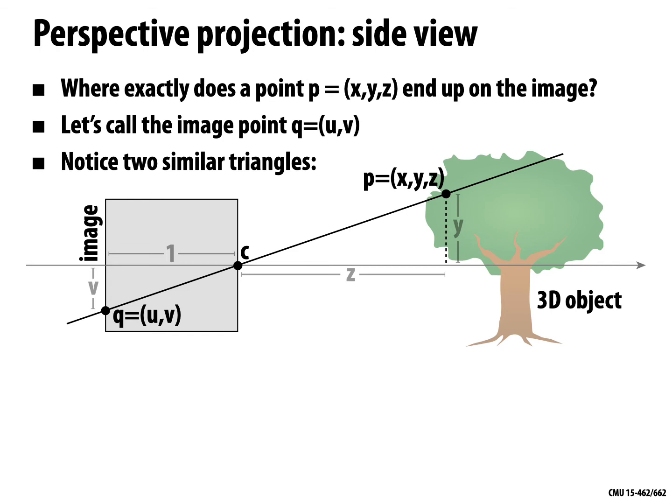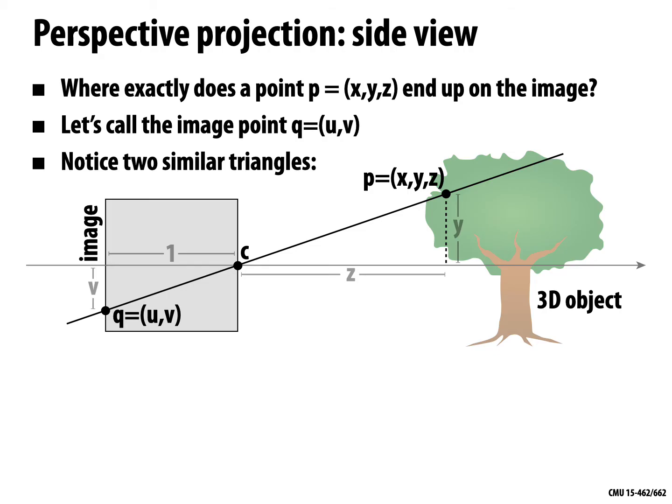Okay. So what do we know about similar triangles? Similar means, for instance, that the ratios of edge lengths are the same. Right? So we know that y over z is the same as v over 1.